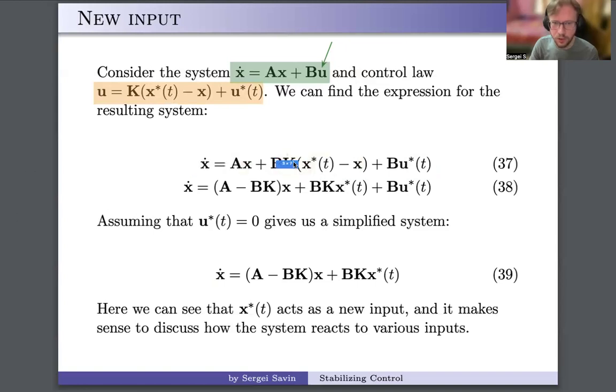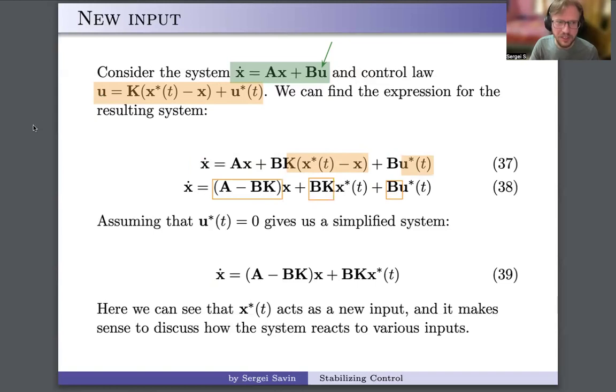So after substitution, here's what we get. We multiply u by B, we get B K (x minus x star) plus B u star, right? We group terms, we get this new control matrix. We get this guy times x star, this guy times u star.